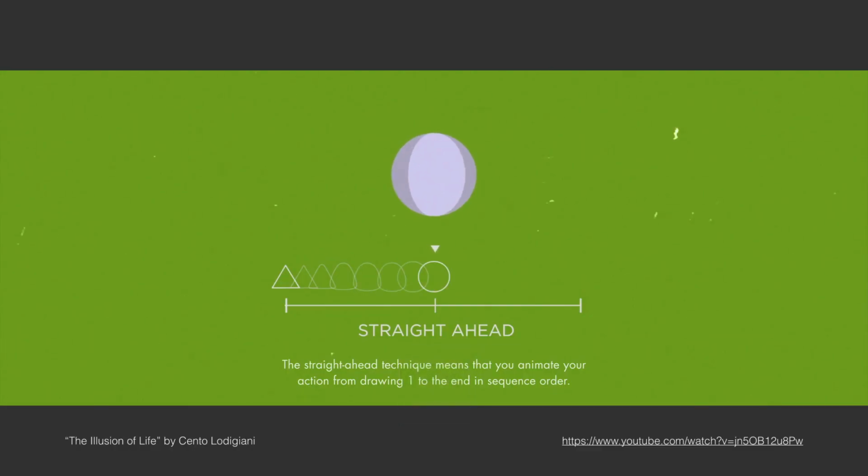So the notion of straight ahead means creating the frames one by one, as many frames per second as necessary, as a sequence, starting with the first one and then just animating one and the next until you reach the end point of the action.